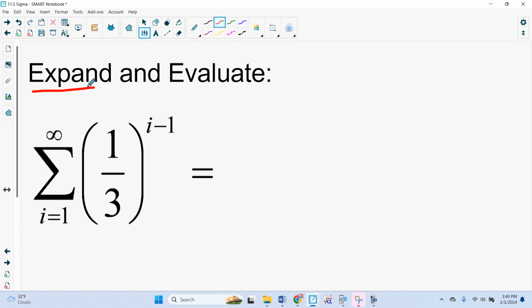So in this case, when we say expand, we want to write out the first 3 or 4 terms. So we're going to start at 1, and notice we switched our variables. This is i now.